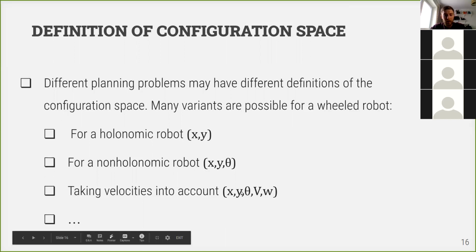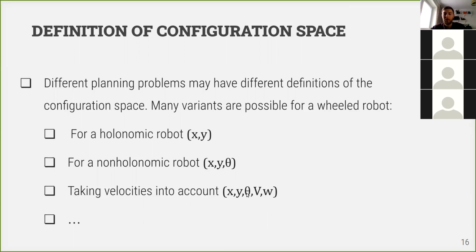And this problem becomes really huge because the dimensions are growing. And of course, the bigger dimensions we have, the much more computationally complex our path planning problem becomes. So first we defined our configuration space. Imagine we chose one of the options, and now we know in which space we are operating.